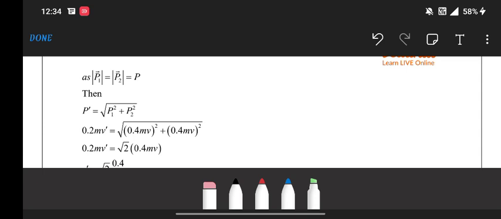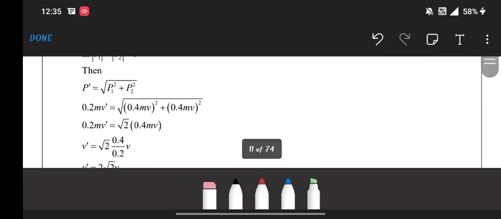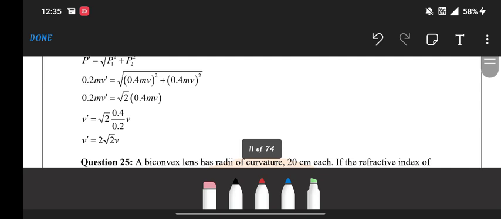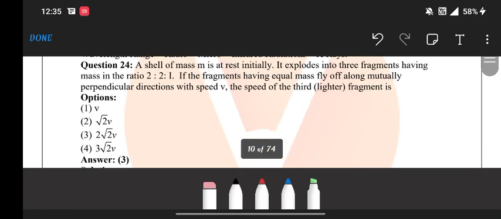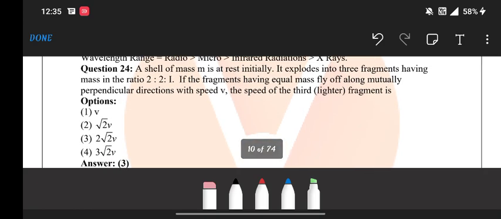Therefore 0.2 m v is equal to root of 0.4 m square plus 0.4 m square, that is root 2 times 0.4 m. Therefore v is root 2 into 0.4 by 0.2, so v is equal to 2 root 2 v. So 2 root 2 v is the answer, option 3 or option C, for question number 24.